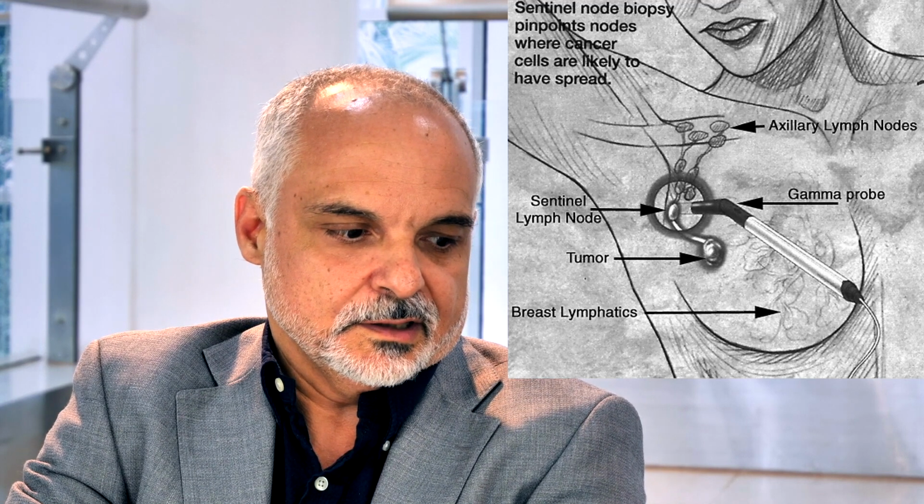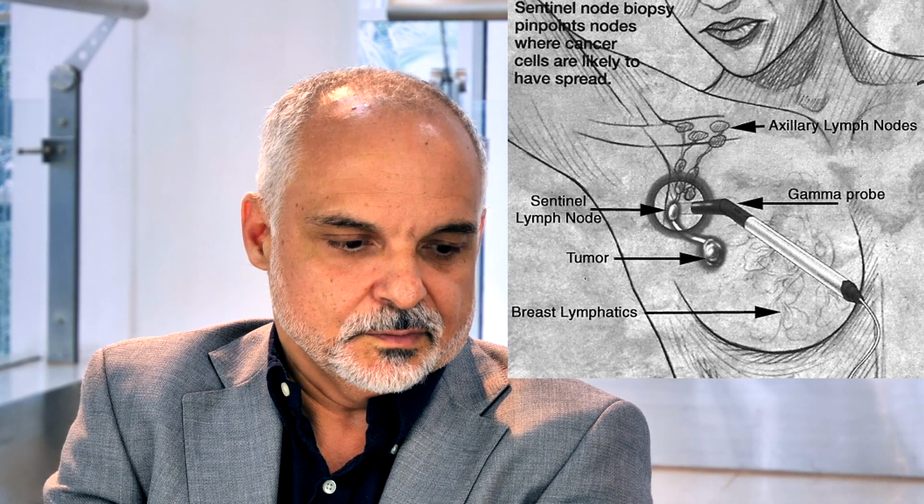So when you're treating breast cancer and melanomas, you have to identify which are the nodes which you need to remove to see where the tumor is going, to check if these nodes are involved with tumor. And the best way to identify which are the best nodes to remove without removing extra nodes is by giving the radioisotope, injecting the radioisotope in the area where there's the tumor.